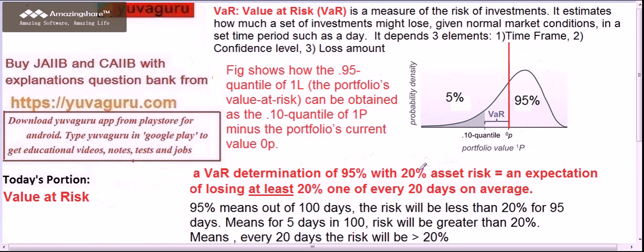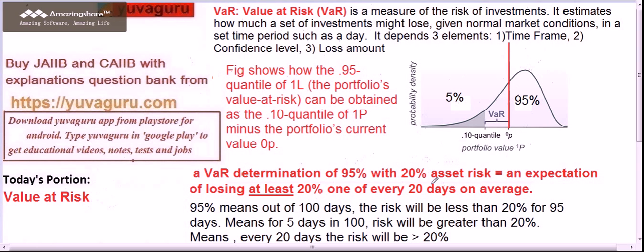Remember, I'll come again on this. 20% asset risk means my loss on this asset is not more than 20%. Now what does this sentence mean then? 95% with 20% asset risk. It means I am expecting a loss of at least 20% here. Remember this part, at least 20%, 1 in 20 days.